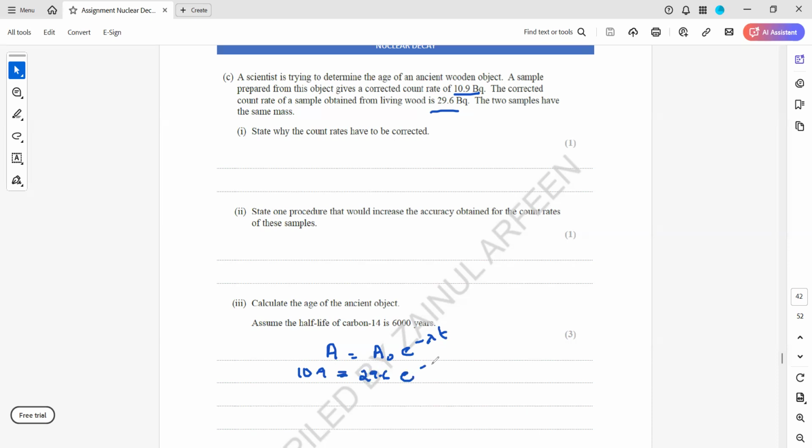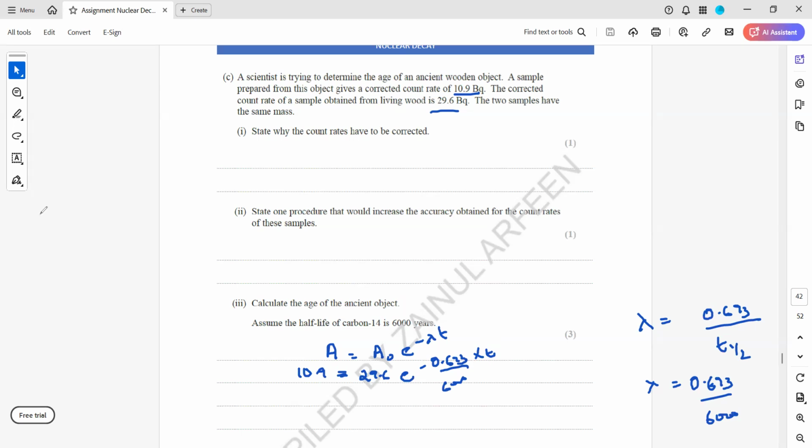The decay constant. Lambda is not known, so we work it out: lambda is 0.693, ln2, divided by t half. So it is 0.693 divided by the half-life, which was 6,000 years. We can substitute 0.693 divided by 6,000 into t.